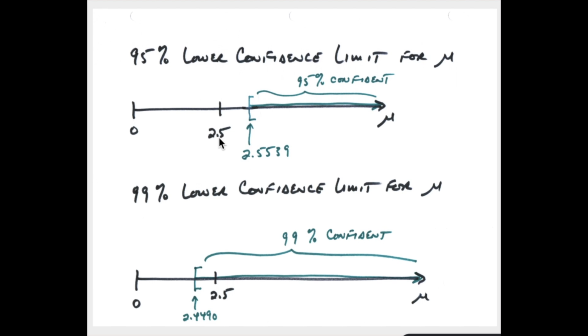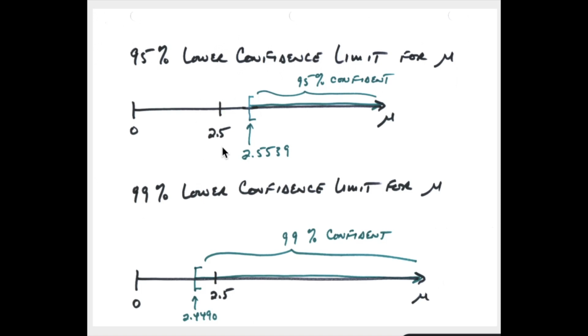If the average diameter of the apples in the shipment exceeds 2.5 inches, then the buyer would pay the premium. When we constructed a 95% lower confidence limit for mu, that lower confidence limit was 2.5539 right here. We are 95% confident that mu is somewhere out here. Every point in that interval is greater than 2.5.